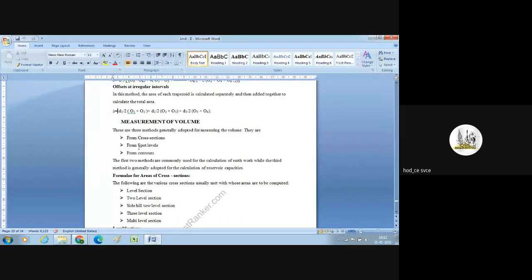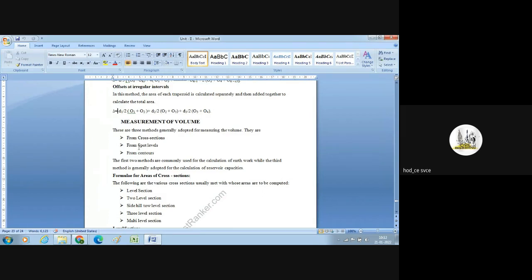Right? Now we are going to calculate the meridian distance of any line.